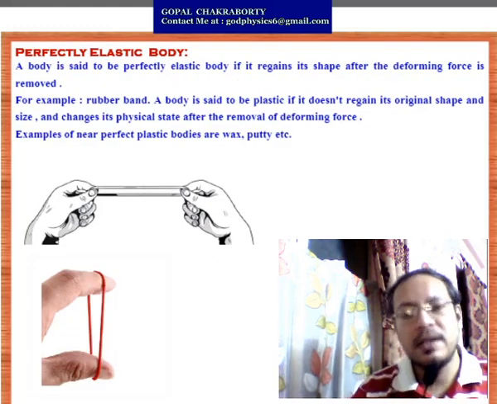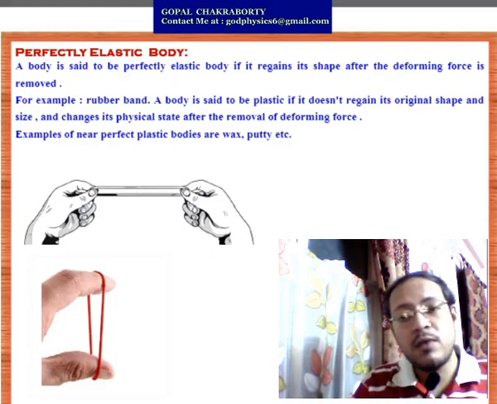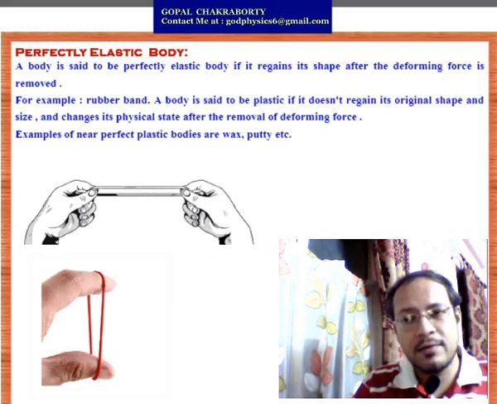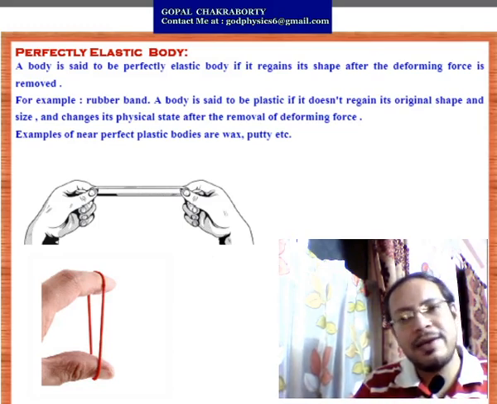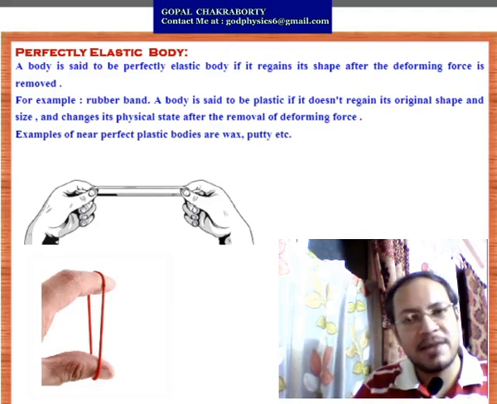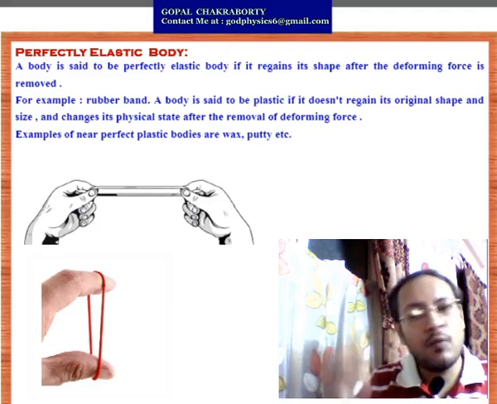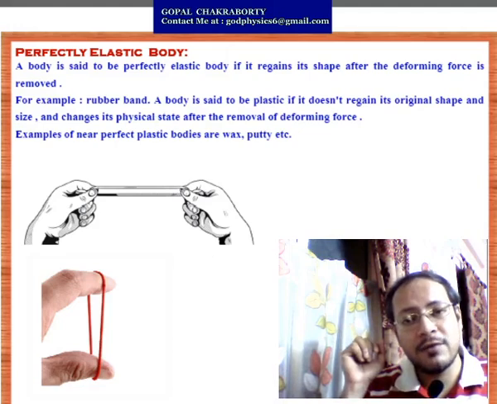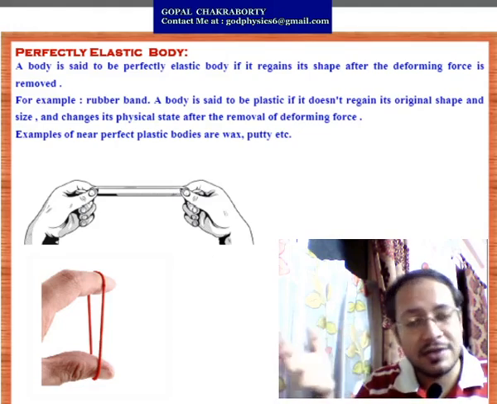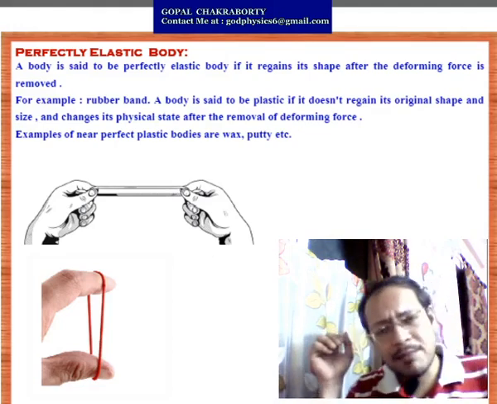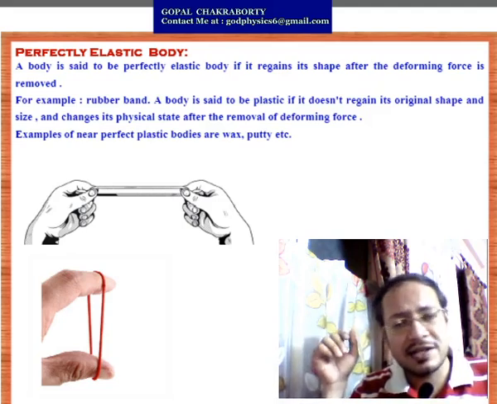So in some cases, when you apply some external force, some deforming force, it causes the body to change its size and shape. If you withdraw that deforming force, the body again comes back to its original size and shape.